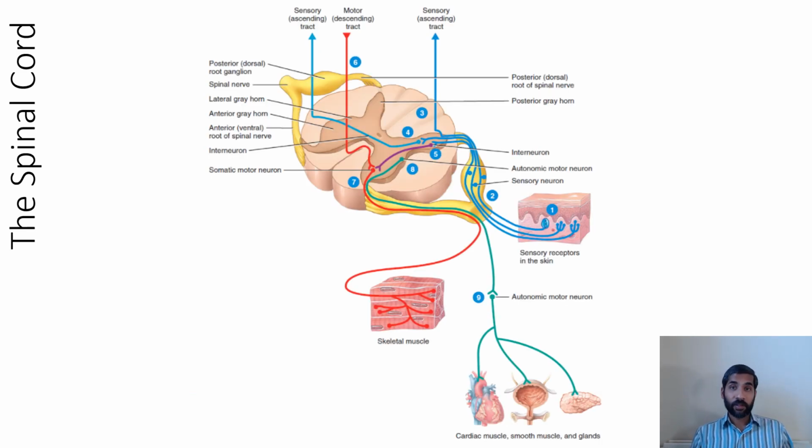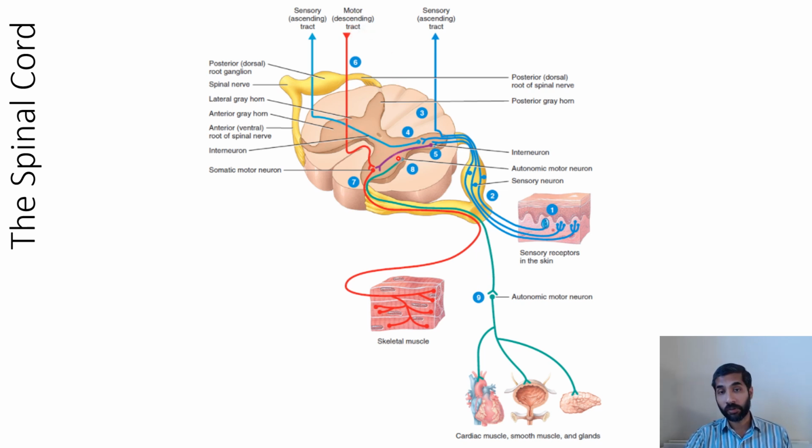Now, the spinal cord is quite complicated, as you would know, and you have sensory tracts which are ascending through the spinal cord to the brain, and you have motor tracts which are descending from the brain to the peripheral muscles, right?